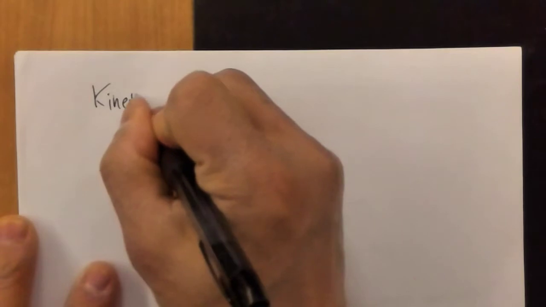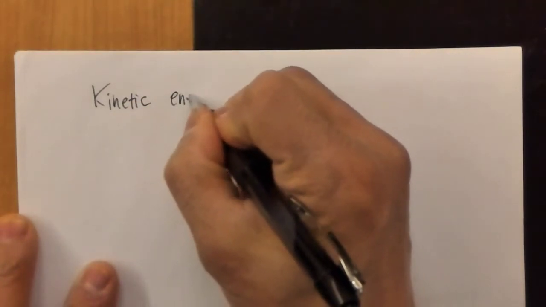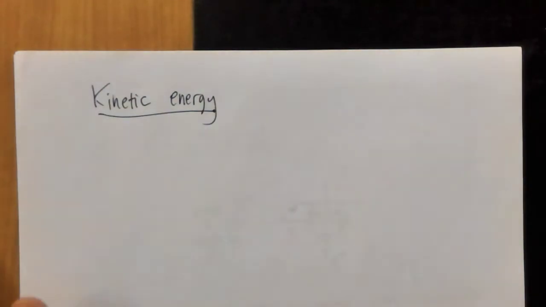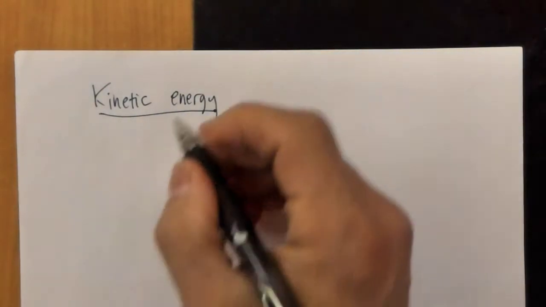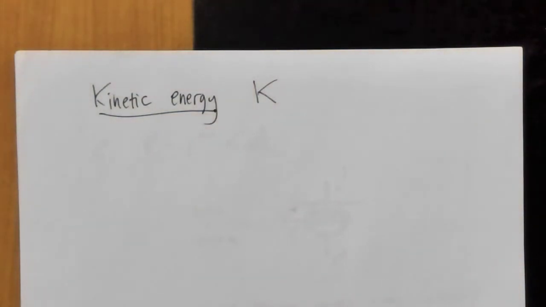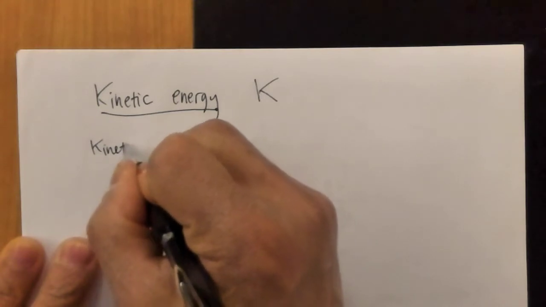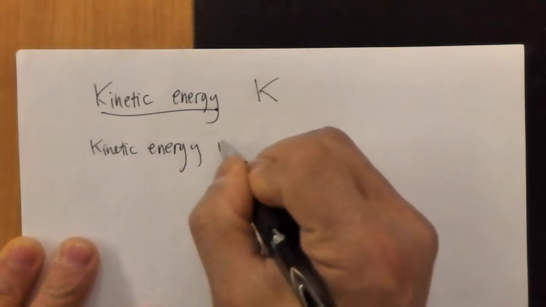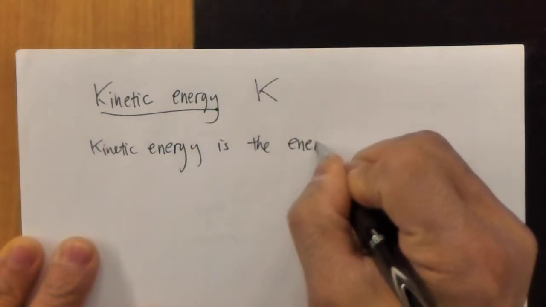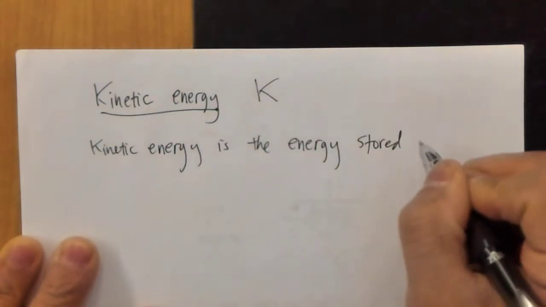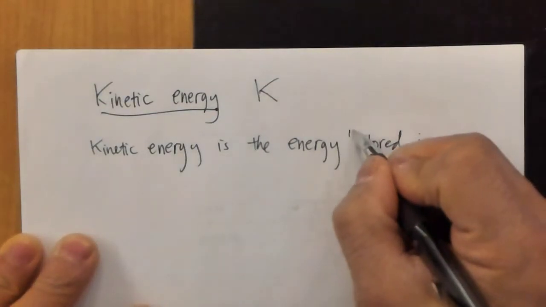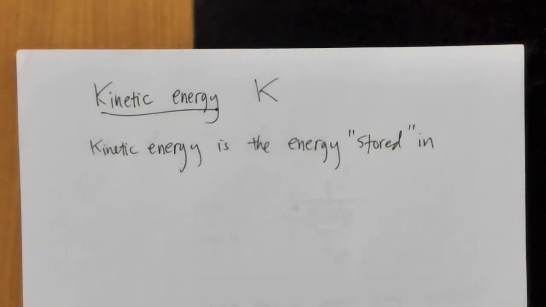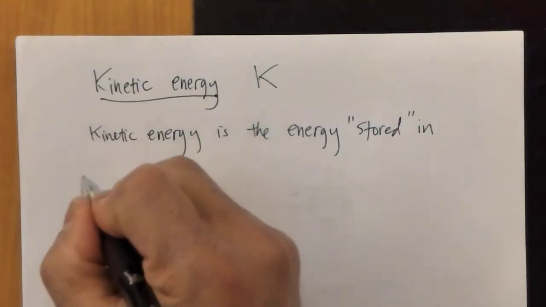The symbol for kinetic energy is capital K. I like to say that kinetic energy is the energy stored in a moving object.